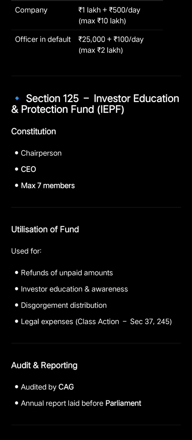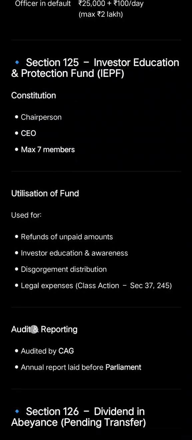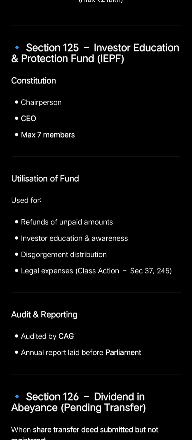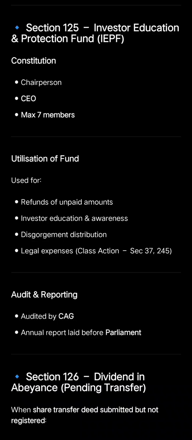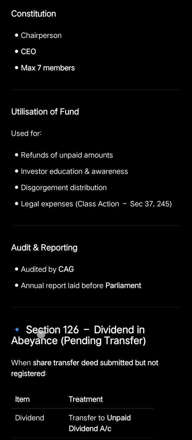Section 125, Investor Education and Protection Fund. A committee should be constituted for maintaining the Investor Education and Protection Fund. The committee should have a chairperson, CEO, and a maximum of 7 people.